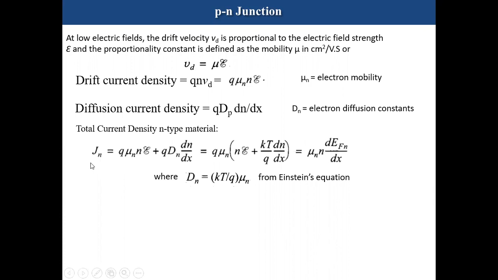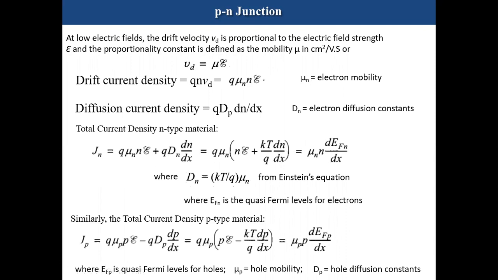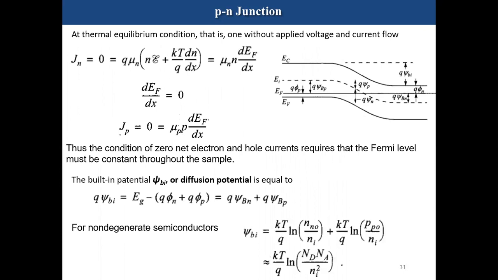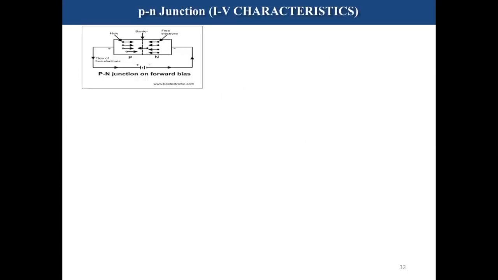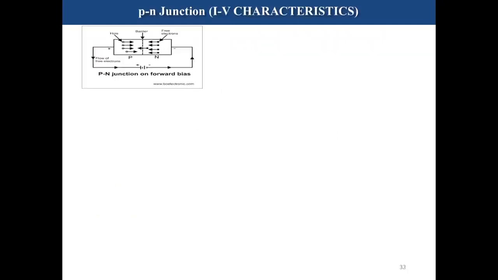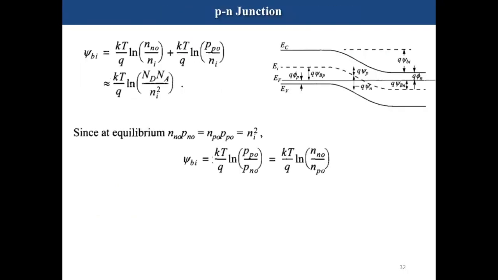So overall, the current density across this has two components. With that, we can find out some important quantities, like the built-in potential.